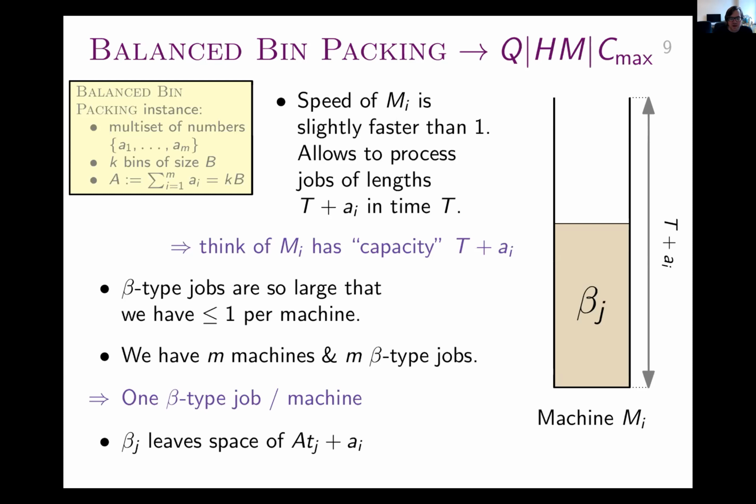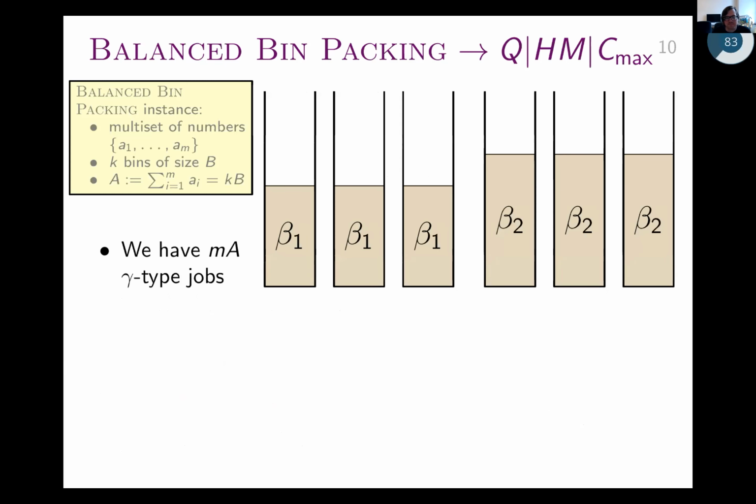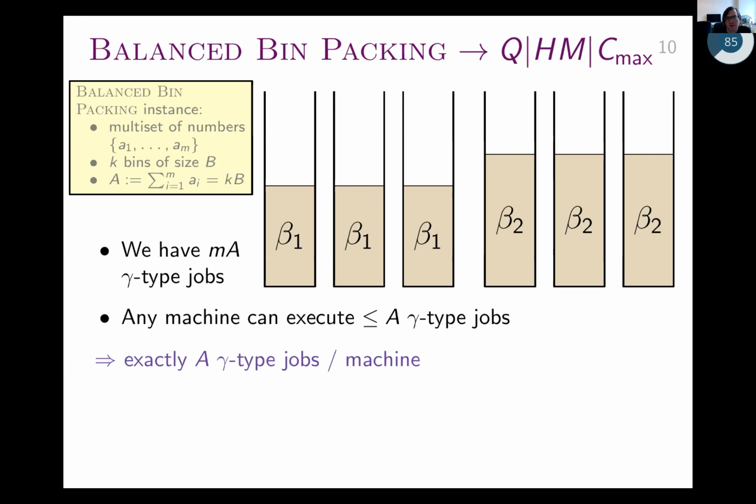Okay, so the remaining capacity depends on the item that this machine encodes. Then we have m times a gamma type jobs. Because any machine can execute at most a gamma type jobs, we have exactly a gamma type jobs per machine. Okay.